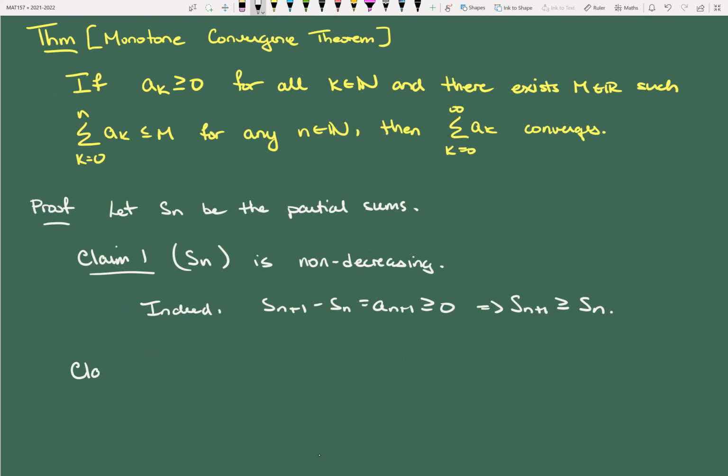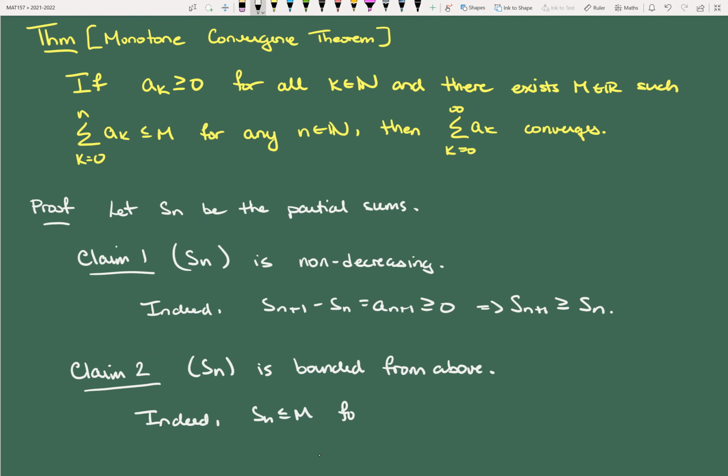Claim 2. The sequence Sn is bounded from above. And indeed, Sn is less than or equal to m for all n by assumption. So hopefully you see why this is just the monotone convergence theorem, right?